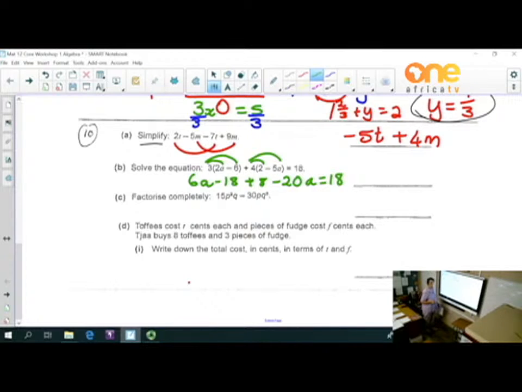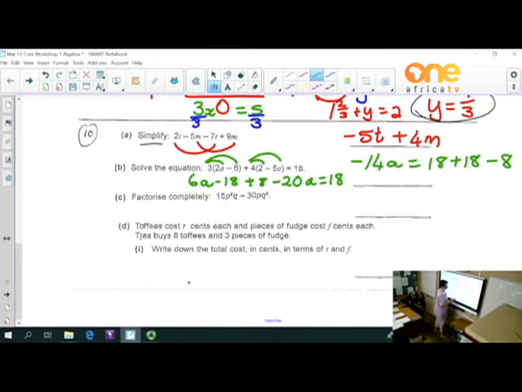And now I need to collect my like terms, the x, or in this case a, on the left-hand side. So positive 6a minus 20a will be negative 14a is equal to, okay, so now I'm going to take the numbers over. If you take this one over, it becomes plus 18. If we take the 8 over, it becomes minus 8.